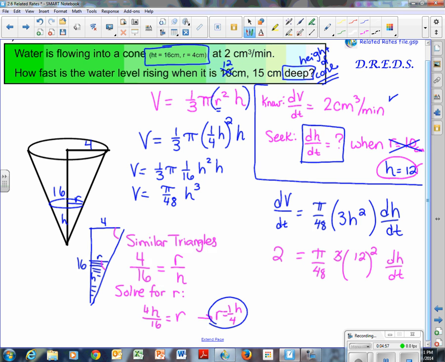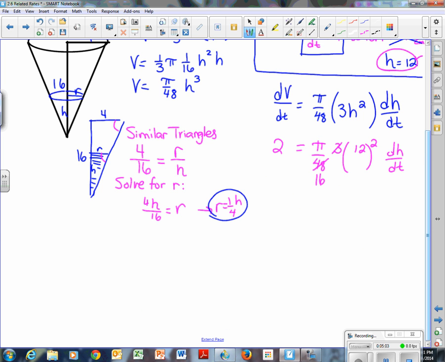I know that 3 goes into 48 16 times, so I just keep updating here. I'm going to be at 2 equals pi over 16 times 144 dH dt.